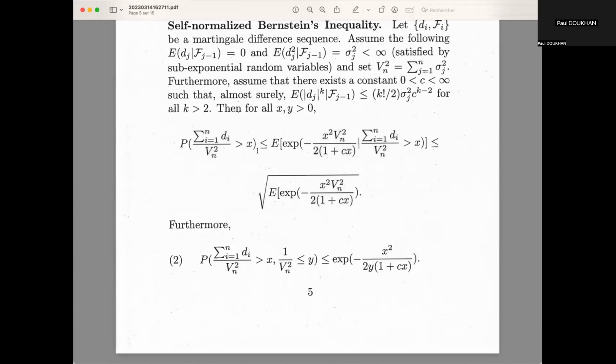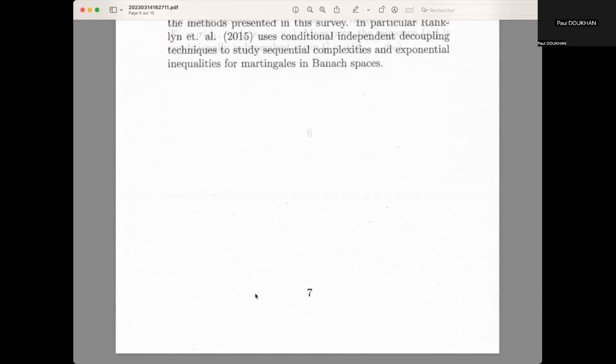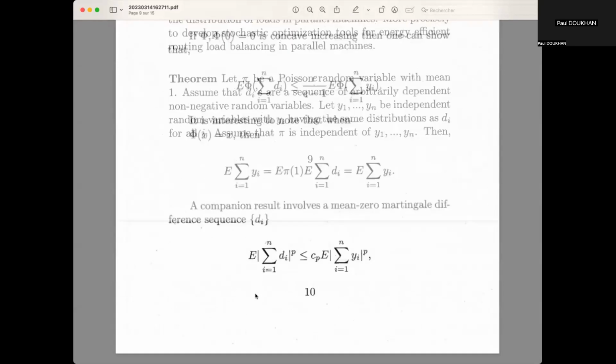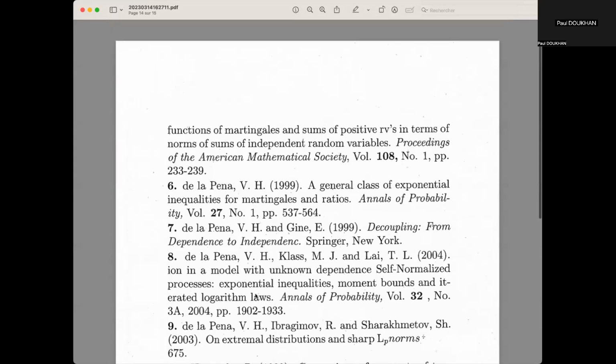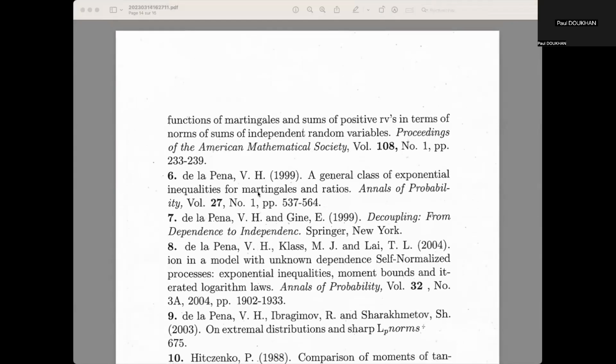No more questions, maybe? This inequality on the last slide for the maximum is very surprising. I mean, dependent on the left-hand side and independent on the right-hand side. It's not very surprising once you know what the inequality is.